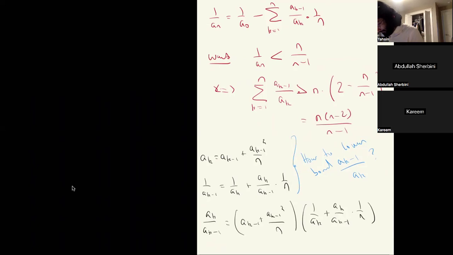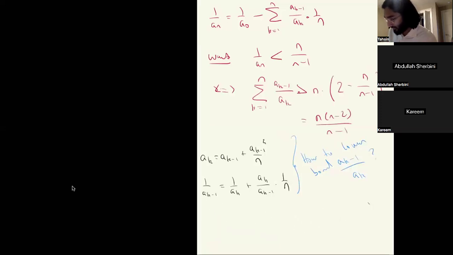Let's think. I was thinking of doing the opposite. First left hand side with second right hand side, and first right hand side with second left hand side. I see.